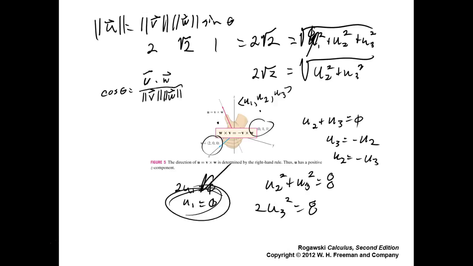As you square it, the negative goes away. Okay. Divide by 2, and you get 4. So u3 must be, it could be plus or minus 2, but we know it has to be going upward, so that would be plus 2. That means u2 is minus 2. So here we found what the u vector is: 0, minus 2, 2. Now, I'm not sure that's the same way the book did it, but it's okay.